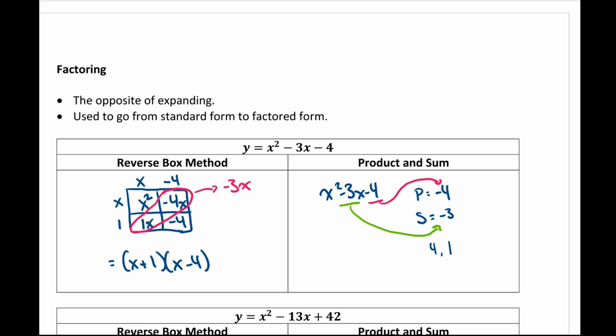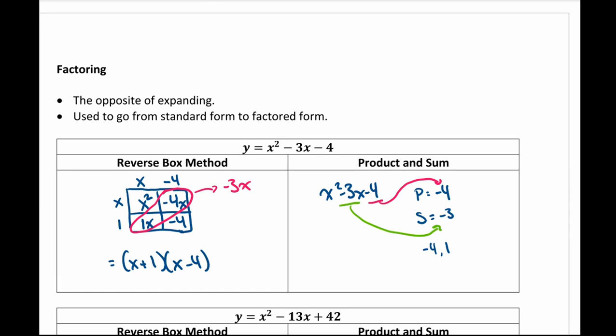So if I'm looking at 4 and 1, this is my only other possibility, but where does the negative go? If I put it on the 1, -1 times 4, again, is -4, but -1 plus 4 is +3. Since that's the case, I have the right number, wrong sign, so I'm going to move the negative to the other one. And again, that's fine because all we're doing is just kind of trial and error right now.